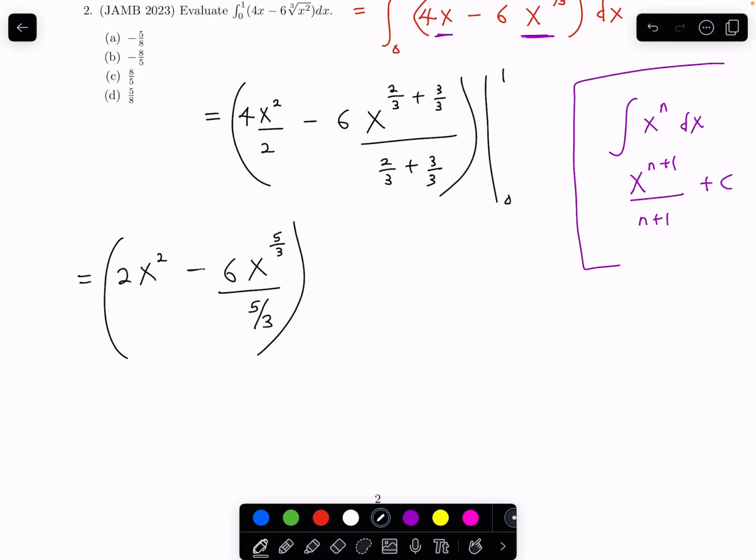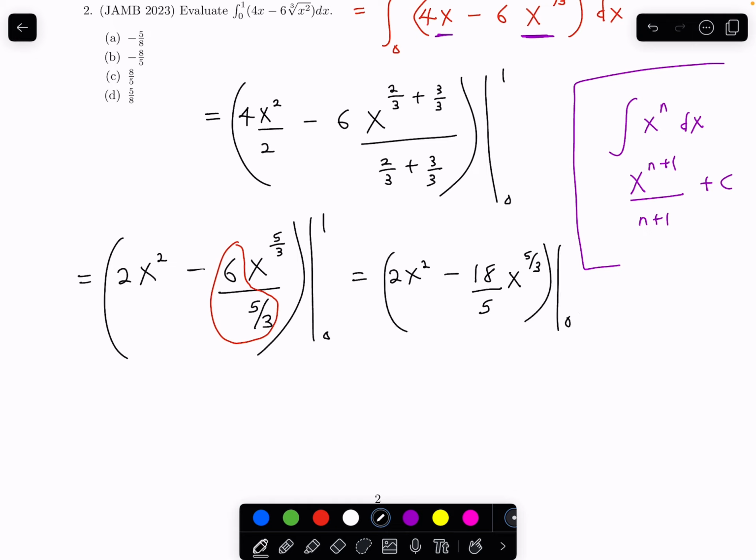And this is going to be from 0 to 1, and this is just going to be 2x squared minus 18 over 5 x to the power of 5 over 3.